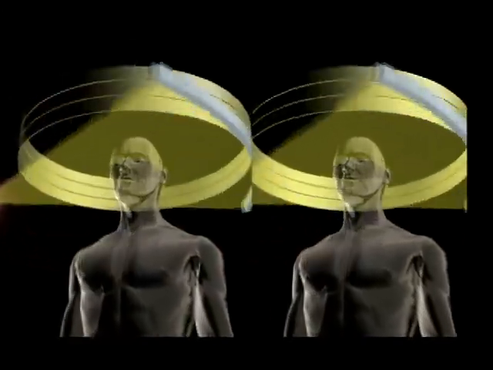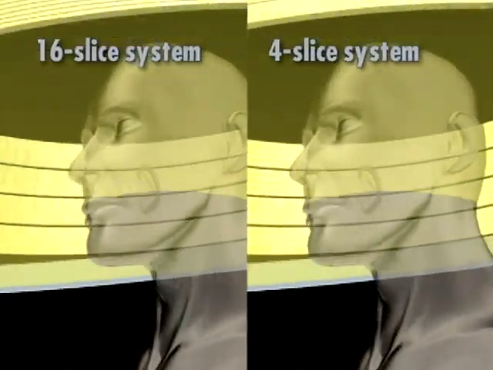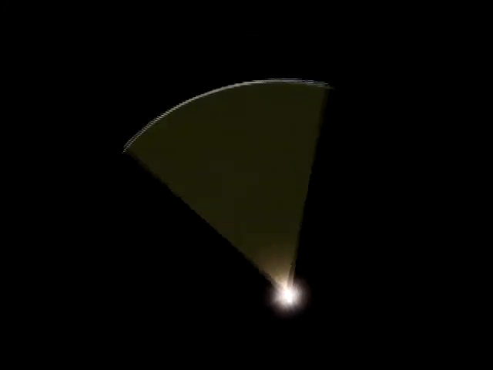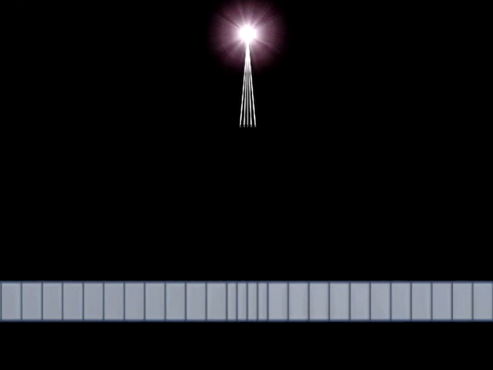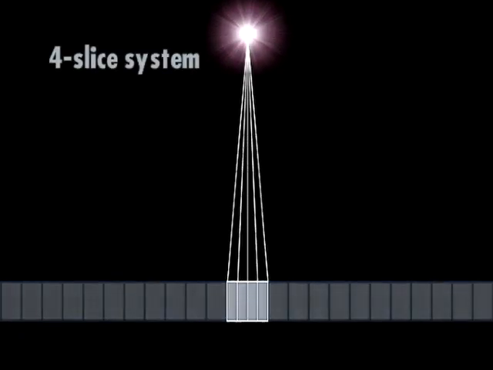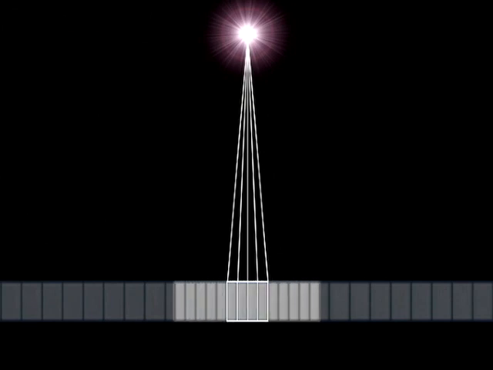Data acquired using 16 thin slices cannot be reconstructed using the same method as in conventional 4-row systems. In conventional 4-row scanning, data is acquired mainly in the area near the center of rotation, so almost no cone angle effects occur.